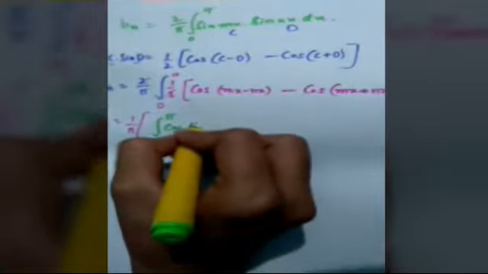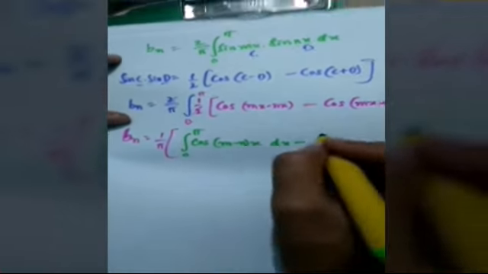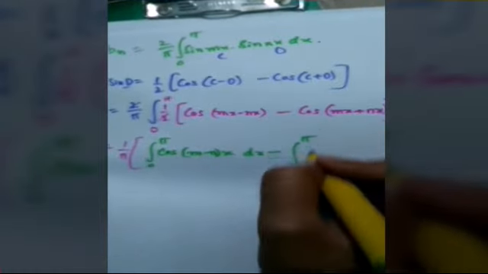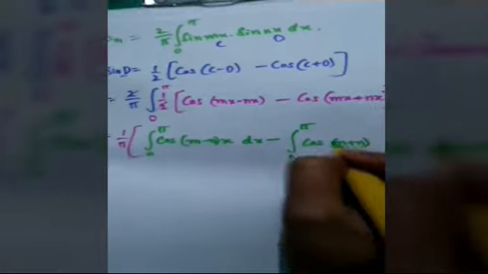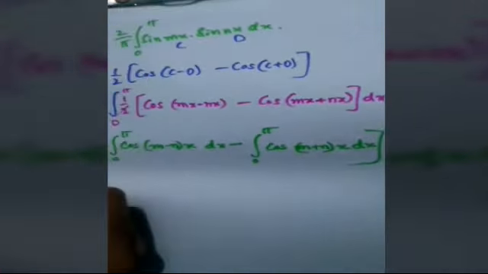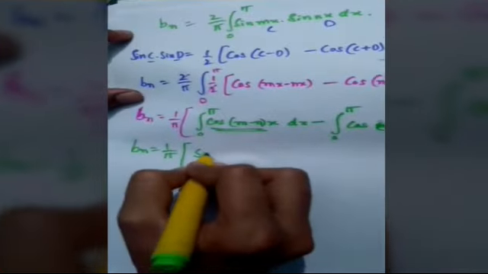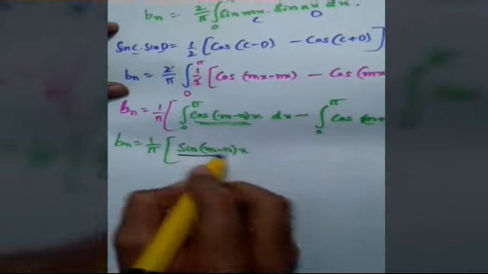Now bn is equal to, the 2 and 2 get cancelled here, 1 by pi. We shall separate the integrals now. Integral from 0 to pi cos of, taking x as common, m minus n into x dx minus integral from 0 to pi cos of m plus n into x dx.